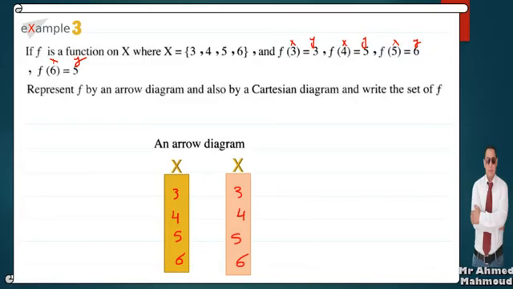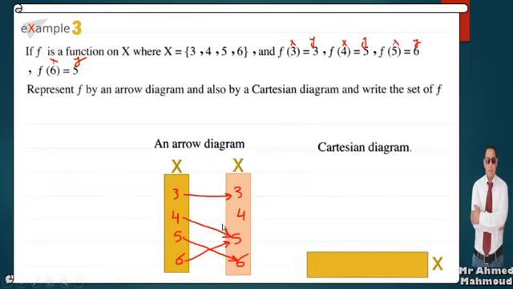F of 3 equals 3, then 3 is connected with 3. F of 4 equals 5, then 4 connects with 5. F of 5 equals 6, then 5 is connected with 6. F of 6 equals 5, then 6 is connected with 5. This is the arrow diagram.